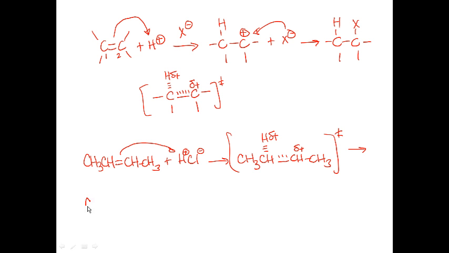To then form my carbocation intermediate. Okay. Then in the second step, my chloride will come in and add to that carbocation. Can we write the transition state for that?